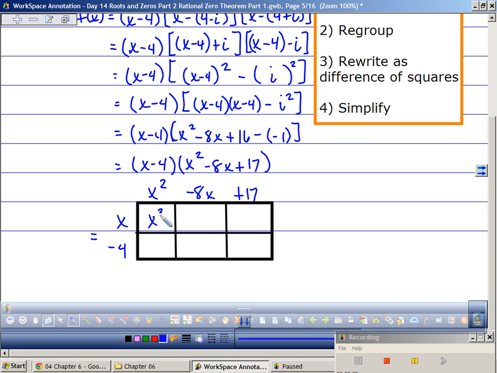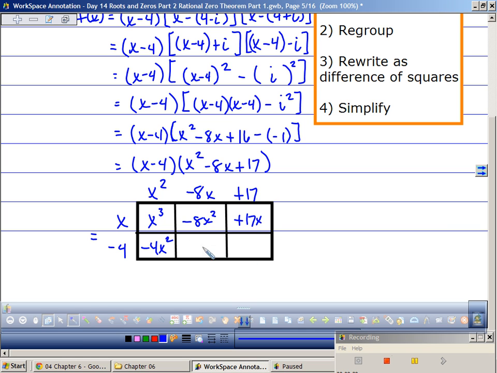Okay, so this is x cubed. There we go. x cubed minus 8x squared plus 17x minus 4x squared plus 32x squared, should be x.